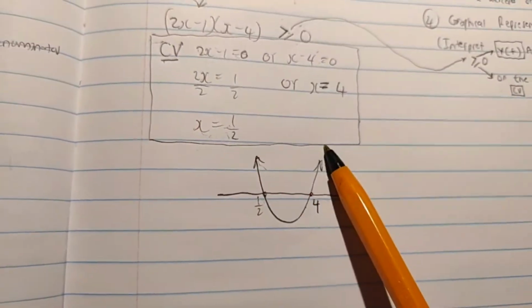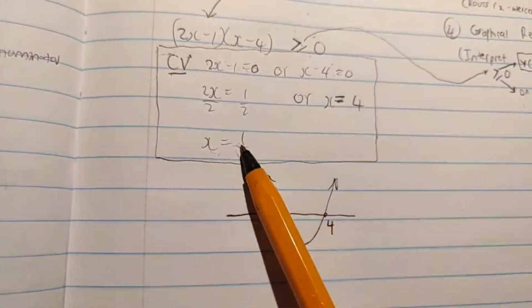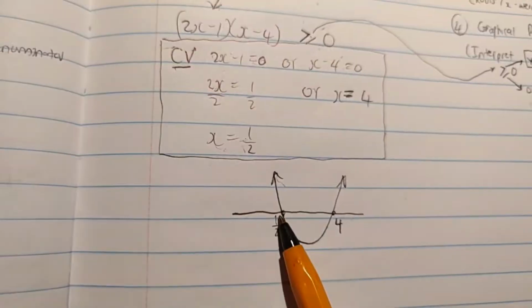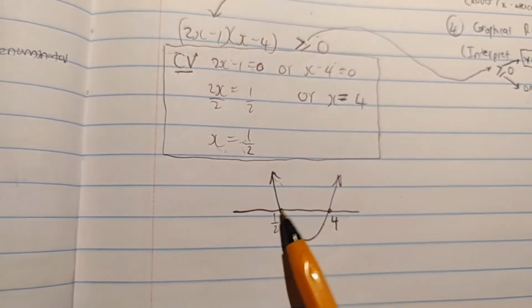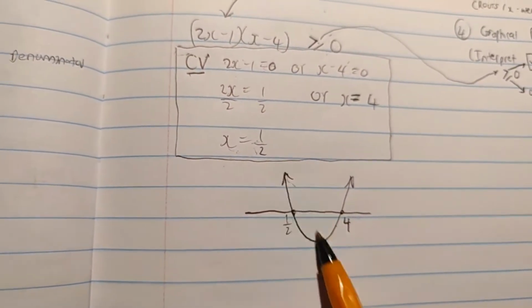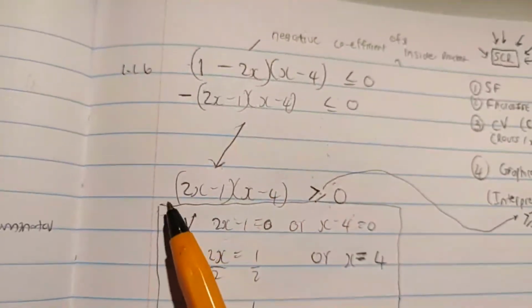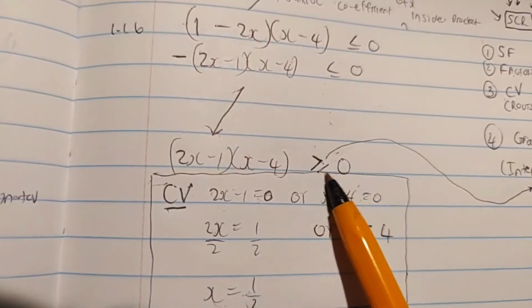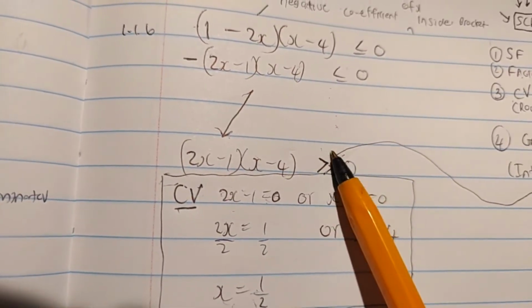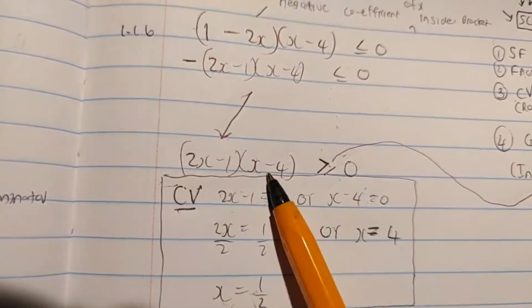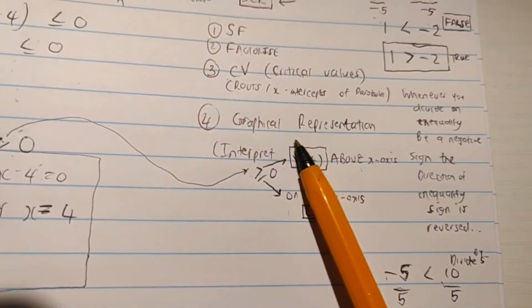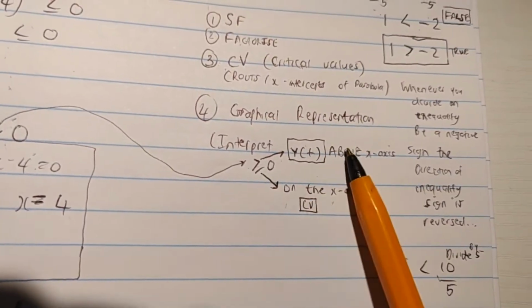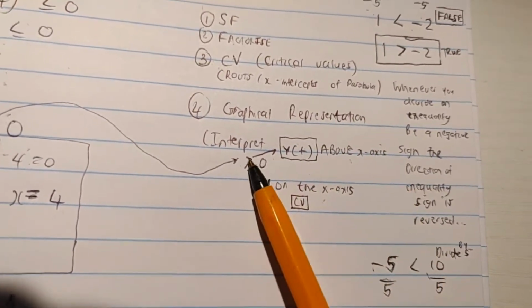That is a smiling face. So we can write our x-intercepts, the critical values, here and there. Small critical value, big critical value, where we are smiling, because at this stage a is successfully positive, and what we are looking at is the condition where the product is greater than 0. Greater than 0, what did I say it means? It means where y is positive. Where is y positive? Above the x-axis. That's what greater than 0 means.